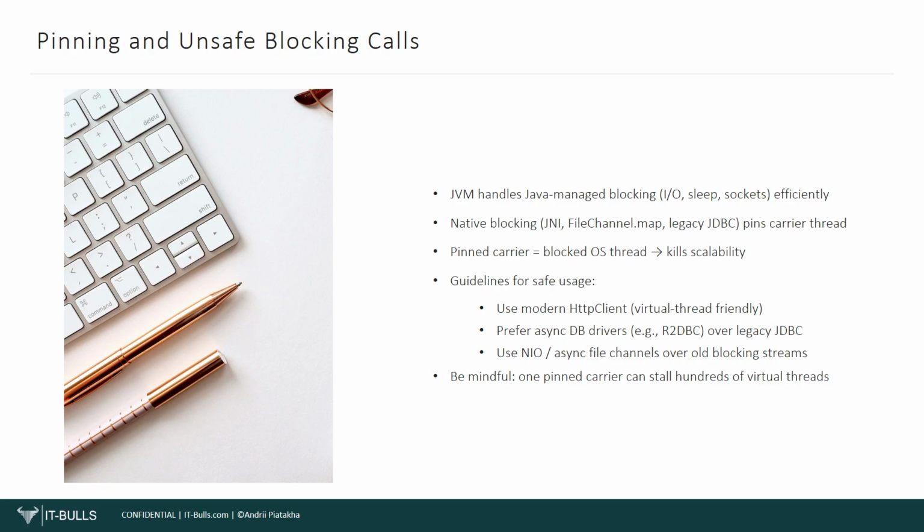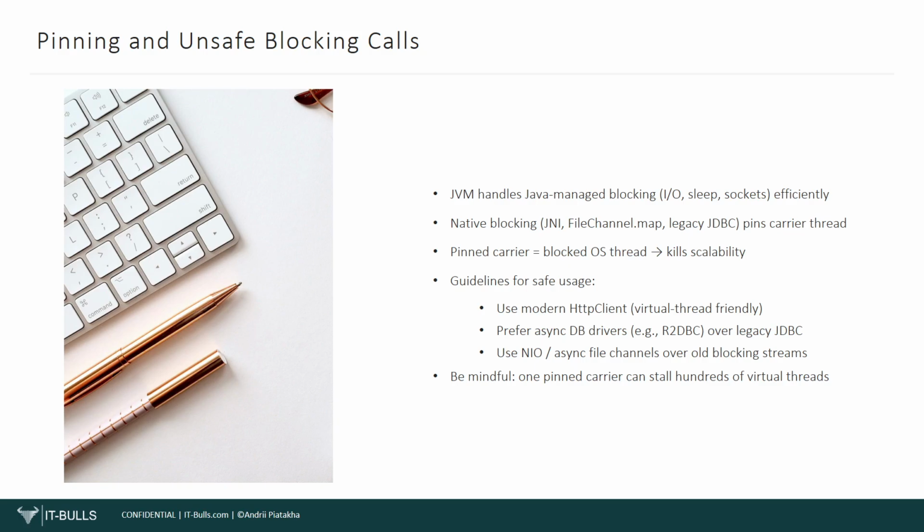That's why, as developers adopting virtual threads, we need to be conscious of what kind of input-output operations we're doing. If you're dealing with blocking input-output operations, prefer the APIs that are designed to work well with Loom. For example, use HttpClient, which is virtual thread friendly.